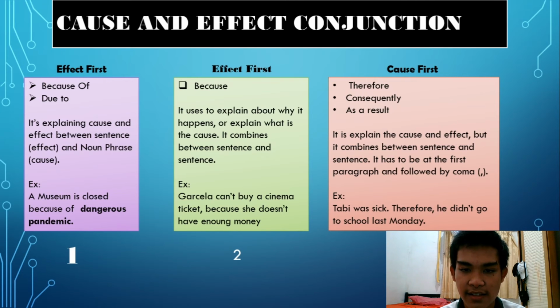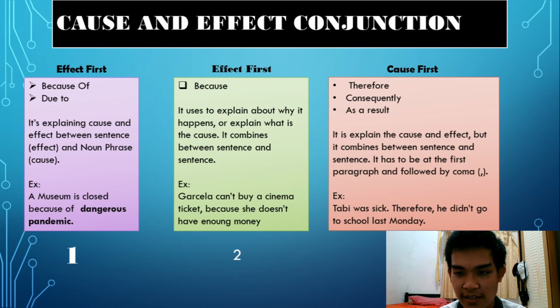And the second is because. It is used to explain why the event happens, or explain what's the cause. It combines a sentence and a sentence, and also the effect always comes first if you want to use because. I'll give you the example. Garcella can't buy a cinema ticket because she doesn't have enough money.